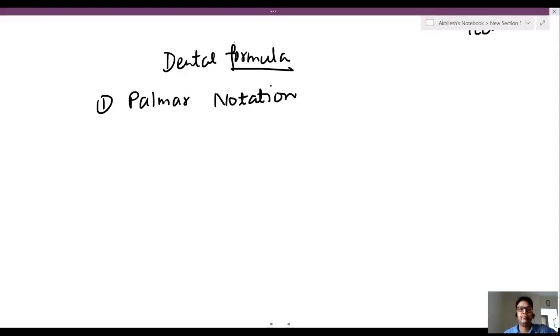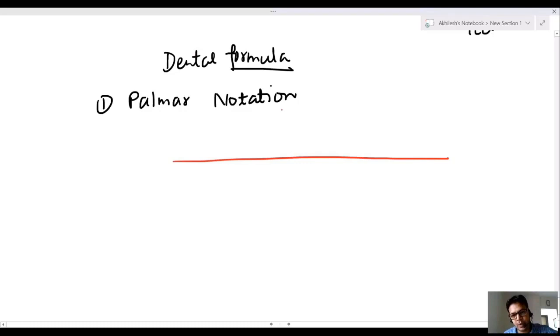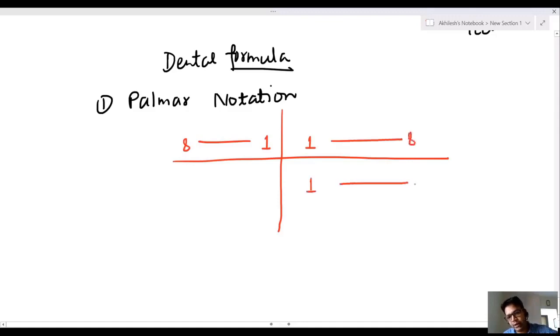We divide into 4 quadrants, 1 to 8, 1 to 8 and 1 to 8. This method is known as Palmer notation. If we write down 1, 2, 3 as present, absent, present, this is known as Palmer notation.